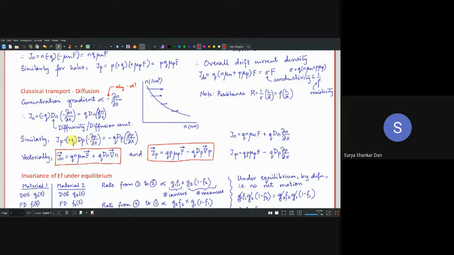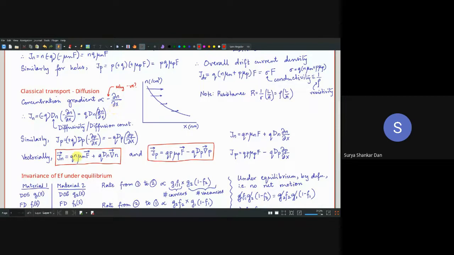Charge यहाँ पर है plus q. This is minus q. Okay. So this answers the question why holes are always going to have a negative in the expression for the diffusion current. In case of electrons, it is positive. क्यों हो रहा है? Electron का charge भी negative है and concentration gradient has to be negative as well.